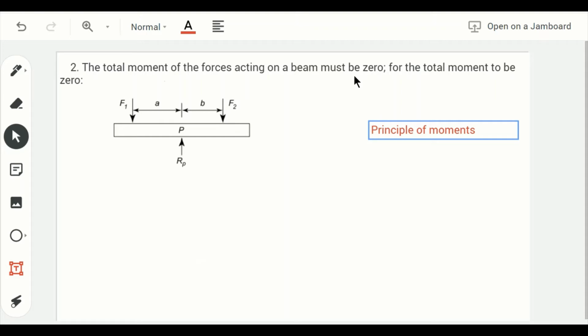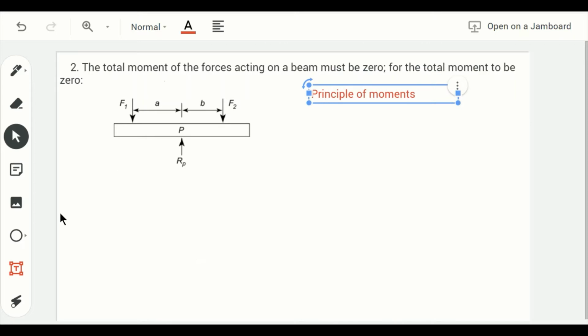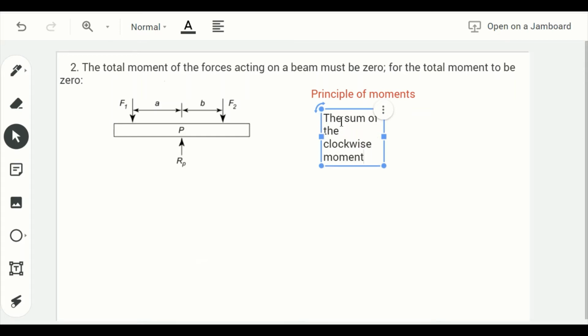Now, for this total moment to be zero, it means that the sum of the clockwise moments must be equal to the sum of the anti-clockwise moments.